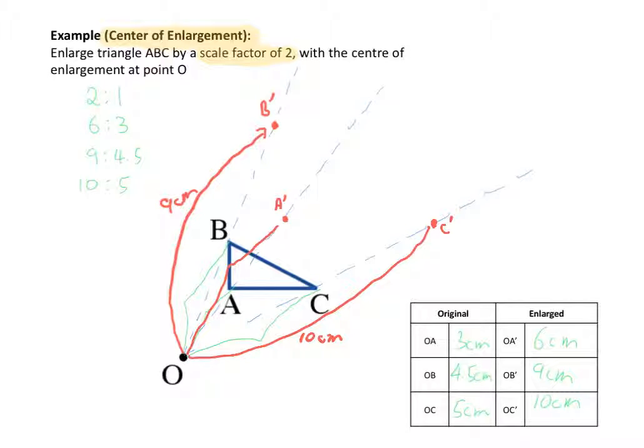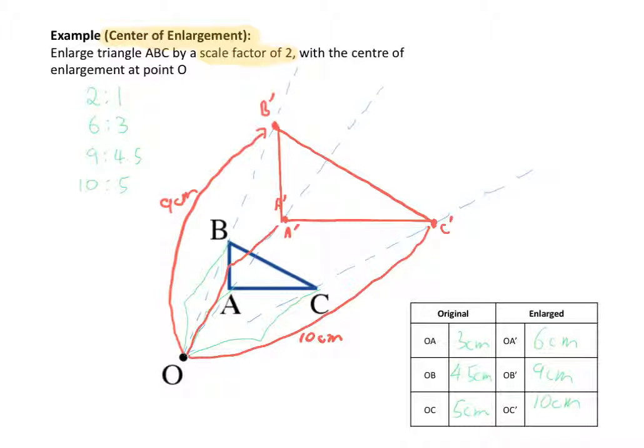Now that I have the dots for my new triangle, I can go ahead and join them up. By joining the dots to form a triangle, and fixing up the label for A, I can see that my new triangle is 2 times the size of my original triangle.